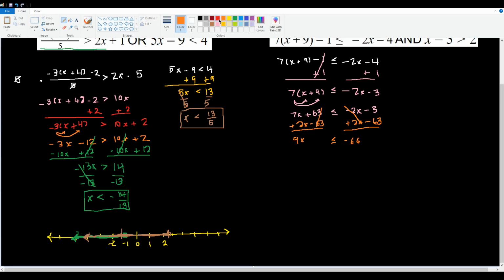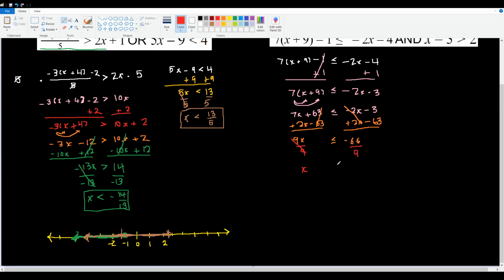Now we're going to do this in red. Divide by 9 on both sides. We're dividing by a positive here, so we don't have to flip the inequality sign. Although a negative is being divided by a positive here, that doesn't mean you flip it.